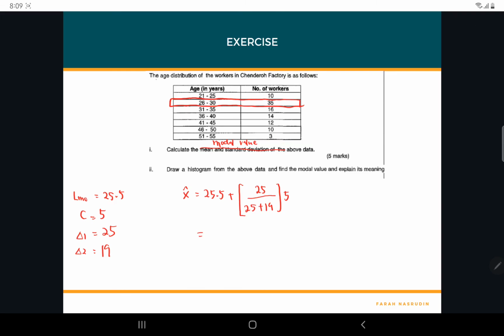As usual, you need to calculate the values in the bracket first. So 25 divided by 44, and then multiply it with 5, and then plus 25.5. So it is equal to 28.34, approximately. So this is our value of the mode.